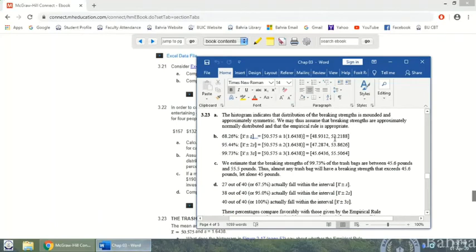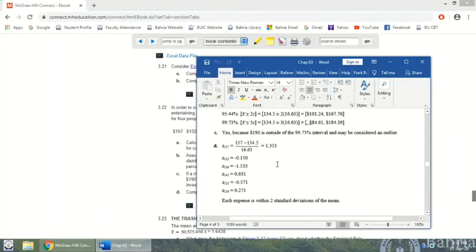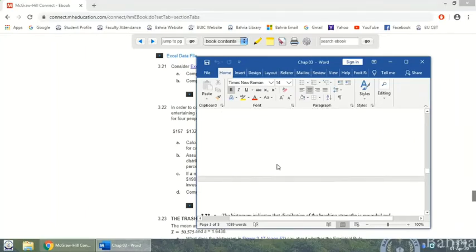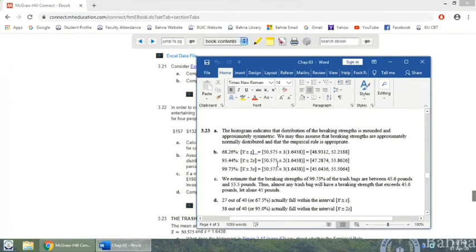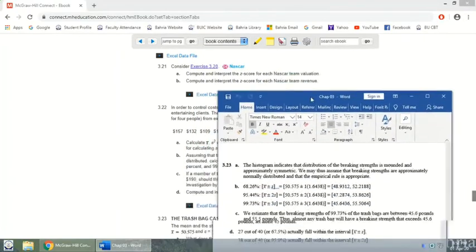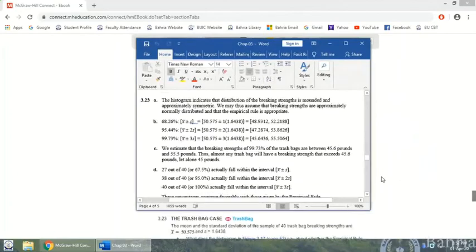And do we have 3.22? Okay. Well, basically they're the same. Just 3.23. Okay. Just quickly, where's 3.23?